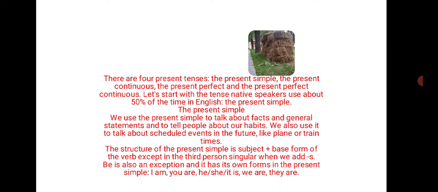The structure of present simple is subject plus base form of the verb, except in the third person singular when we add s. Be is also an exception, and it has its own forms in the present simple: I am, you are, he, she, it is, we are, they are.